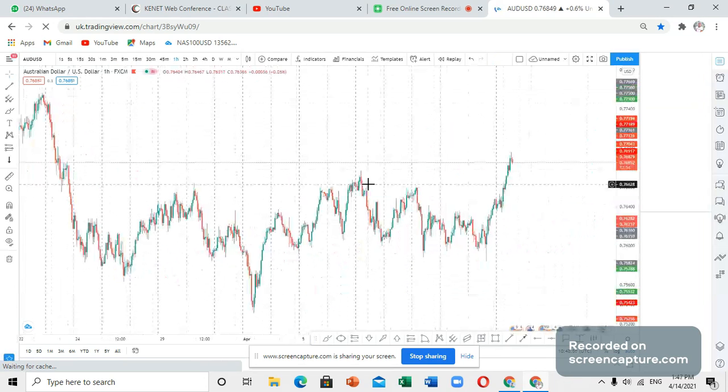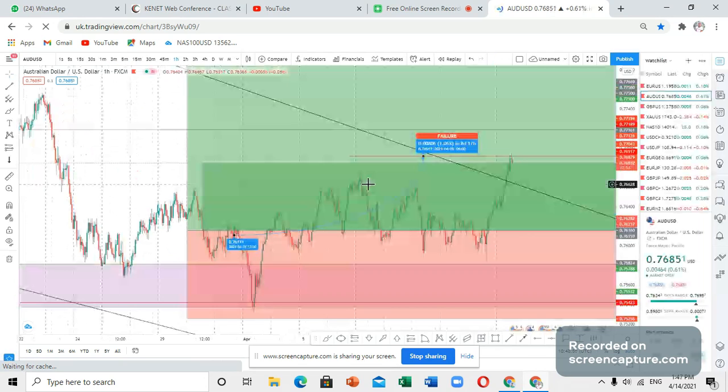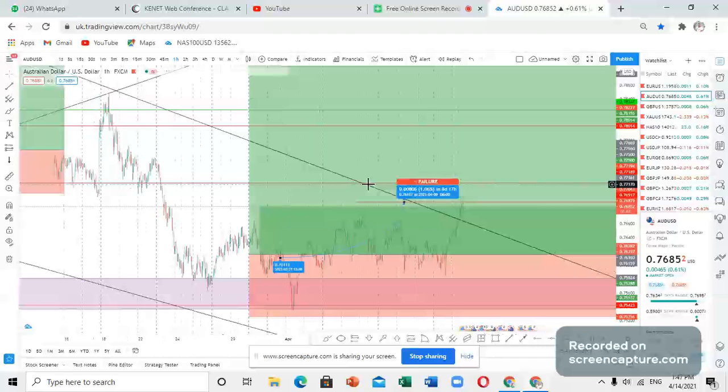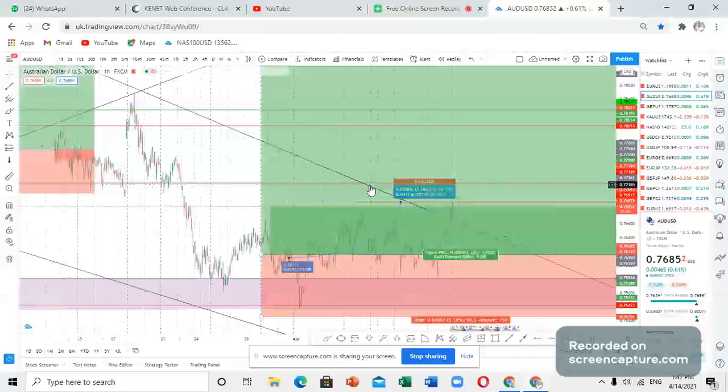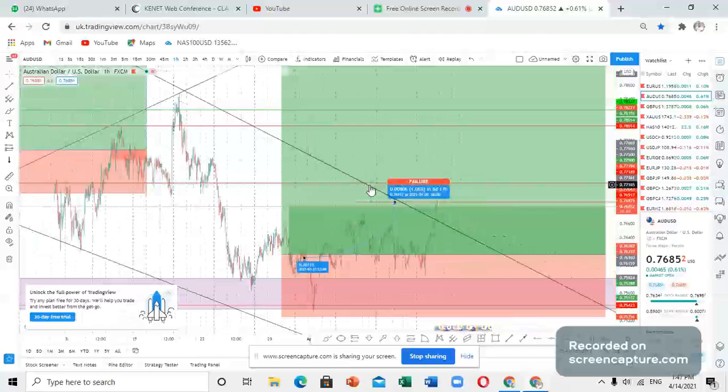If it is your first time using tradingview.com, you're going to find blank charts, so you're supposed to analyze them so they can look the way mine looks.